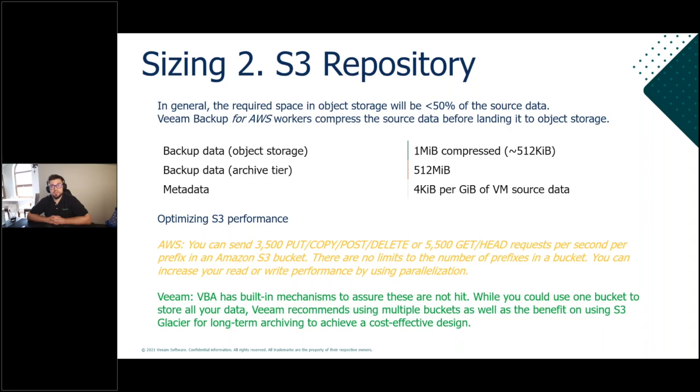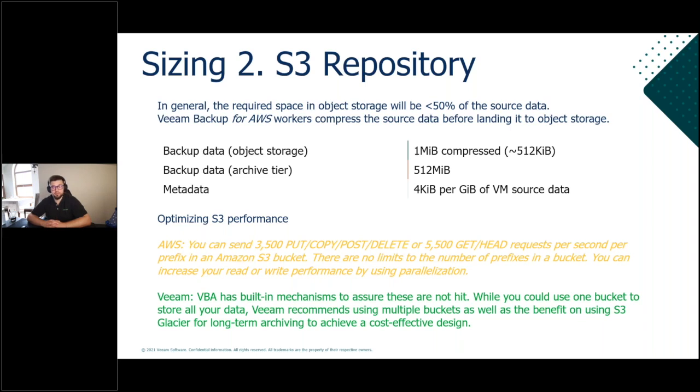Archive tier stores data within 512 megabyte blocks. Metadata is 4 kilobyte per gig, so you can count on it. If we would speak about Azure or Google, I would say about the storage speed, storage account capabilities, write capabilities to put it into your attention. But AWS has another limitation on put and get requests.